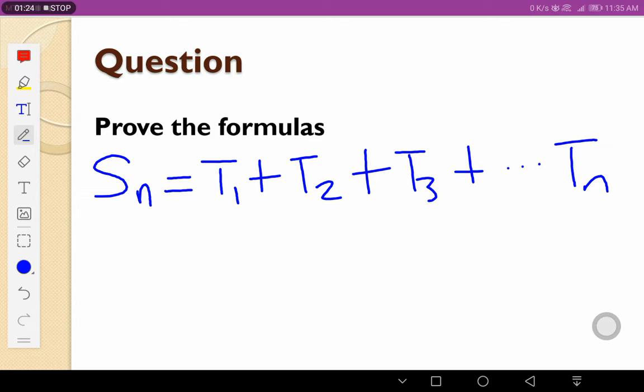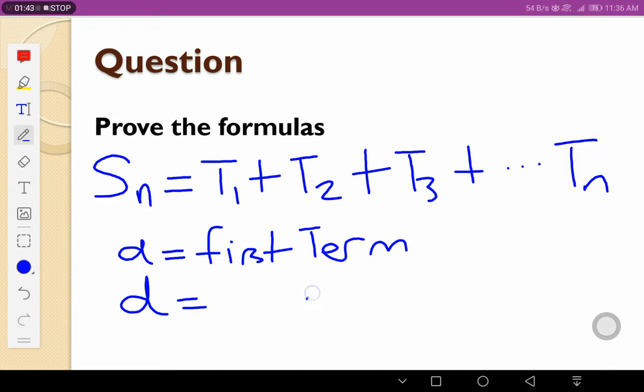I want to write these terms in terms of A and D, where A is our first term and D is our common difference.